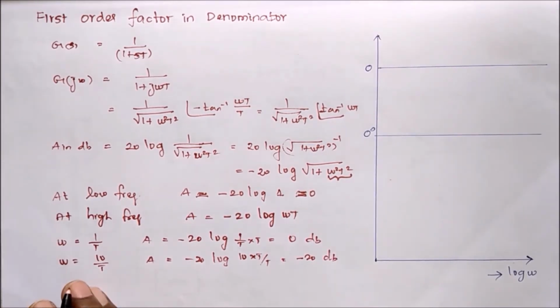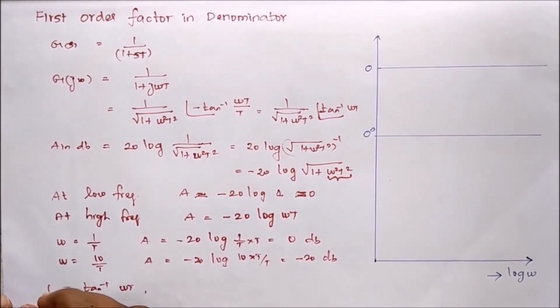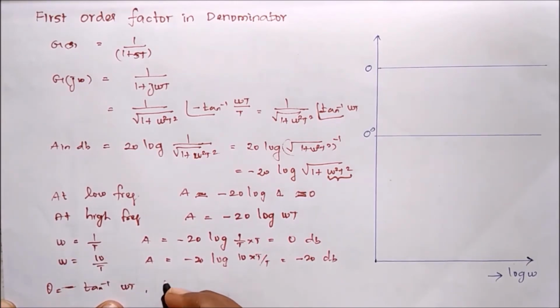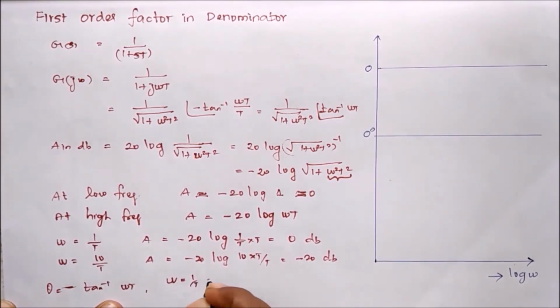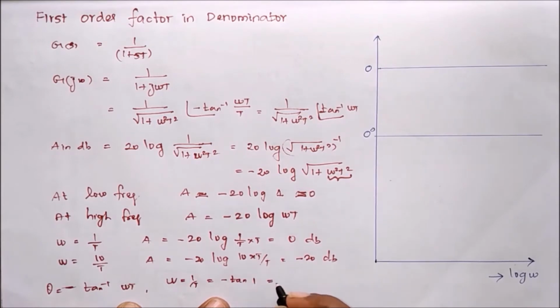Similarly for the angle. We know the angle is minus tan inverse of omega T. For the same values of omega: first, when omega equals 1 by T, omega T equals 1, so its angle is minus tan inverse of 1, which is minus 45 degrees.